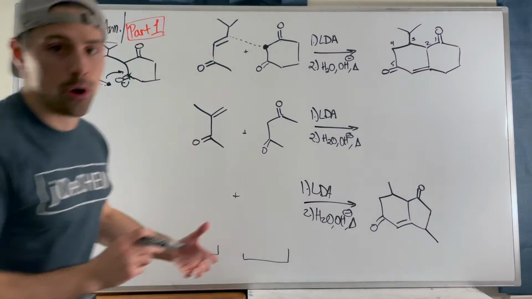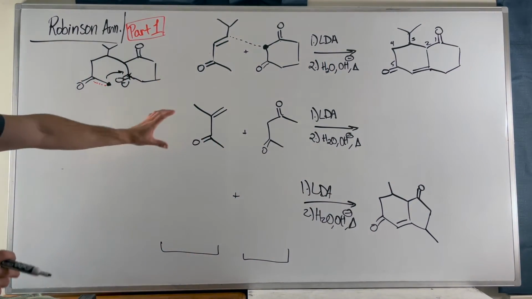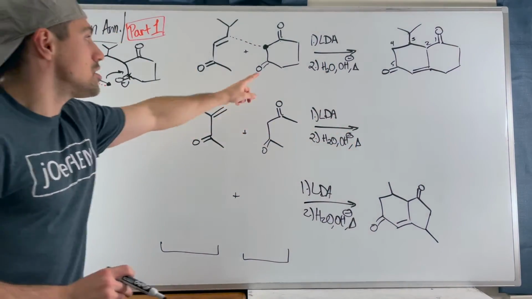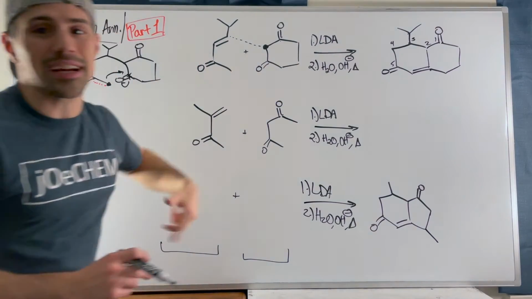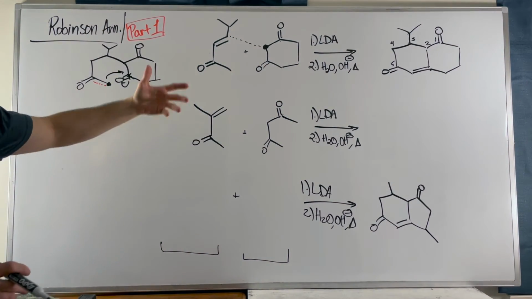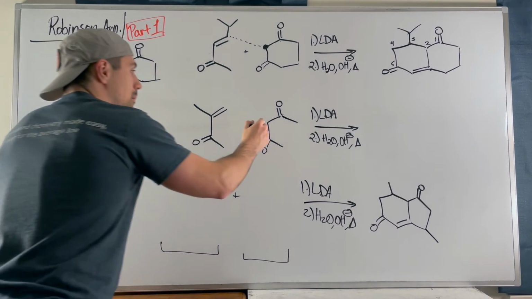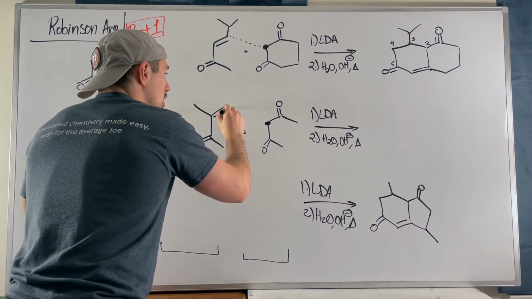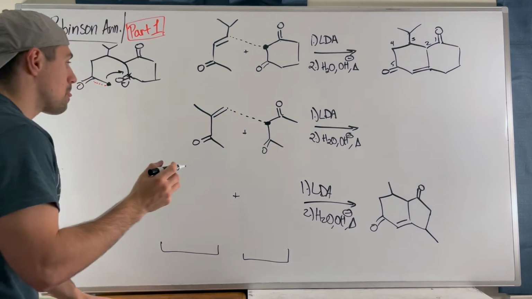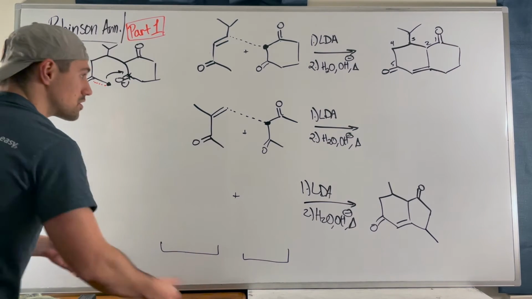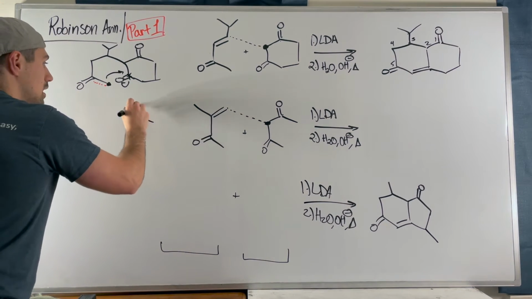That enone. Same deal here, except honestly minus these two lines right here. It's just not a full-on ring. Again, remember, you're going to be attacking from here and forming this bond right there. So if I wanted to draw that first, I'll just do it in black. It would look like this.